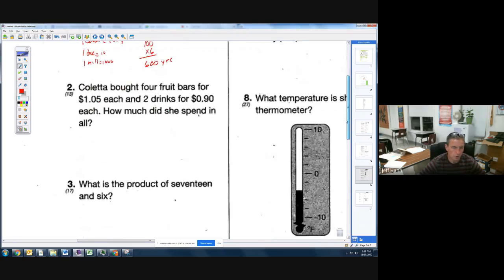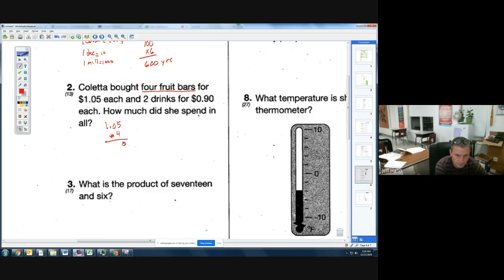Number 2, Coletta bought 4 fruit bars for $1.05 each and 2 drinks for 90 cents. How much did she spend in all? Well, you've got 2 parts of this problem. You have to find out how much for the fruit bars first. So she bought 4 of them at $1.05. So $1.05 times 4.